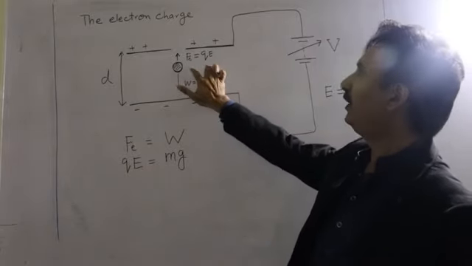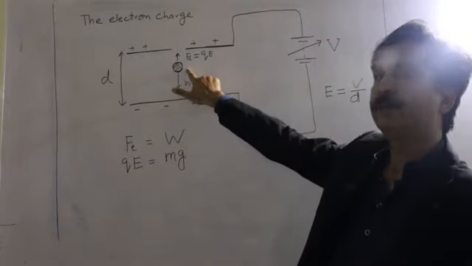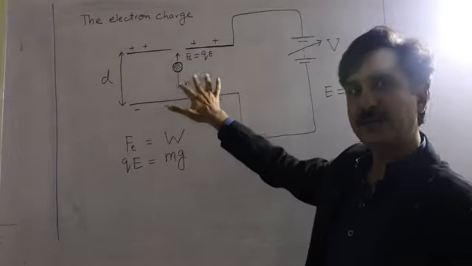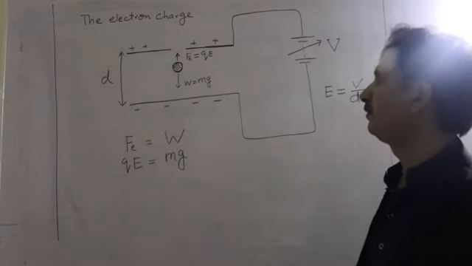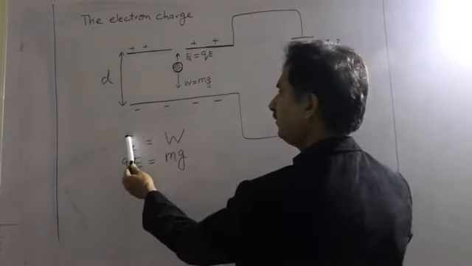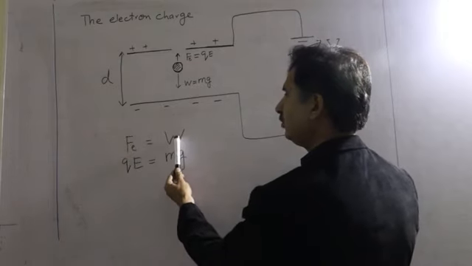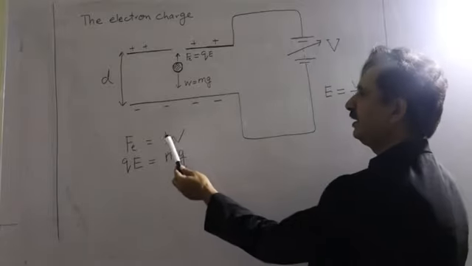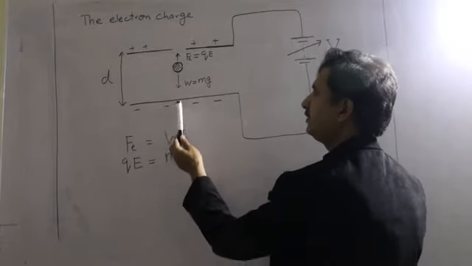When both become equal, it becomes stationary, meaning upward and downward forces are equal. So I wrote upward force Fe is equal to downward force weight. This is the case when the oil droplet becomes stationary.